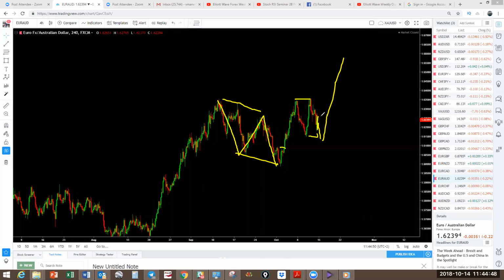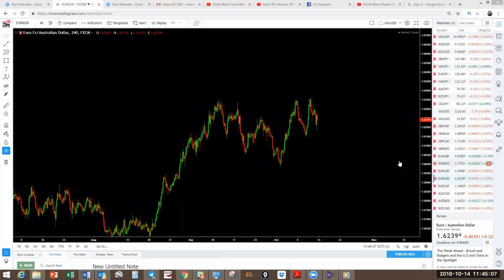That will take us higher. Whether this is going to come down and retest this one, it's another story, because this one has already broken this. It can come back from that level, and this one would have become a running flat. So there's a possibility for that to have played out like that. I'm not interested in this one at this stage. That's Euro Audi.